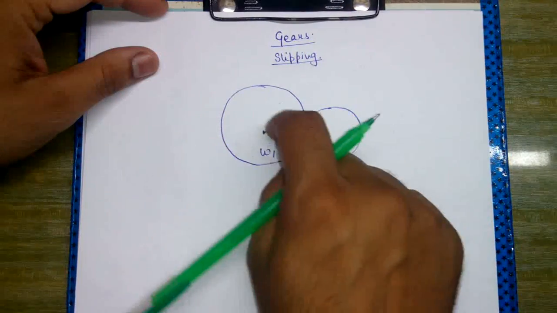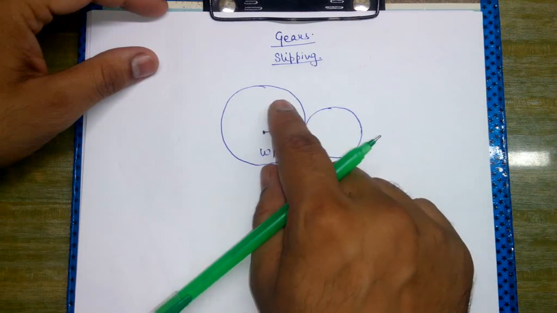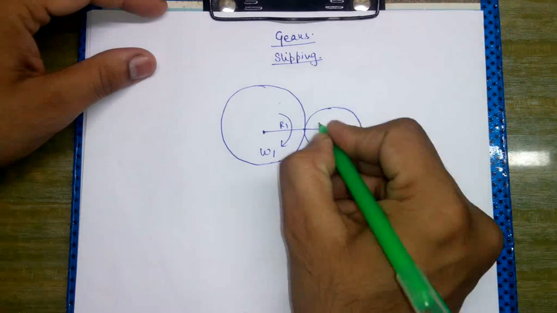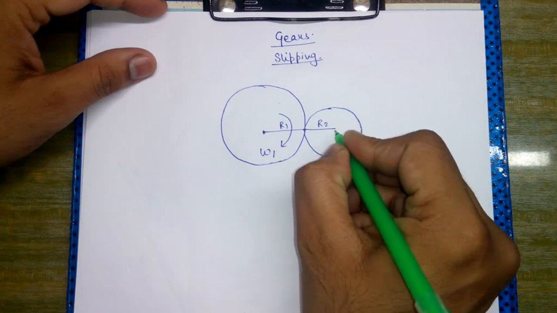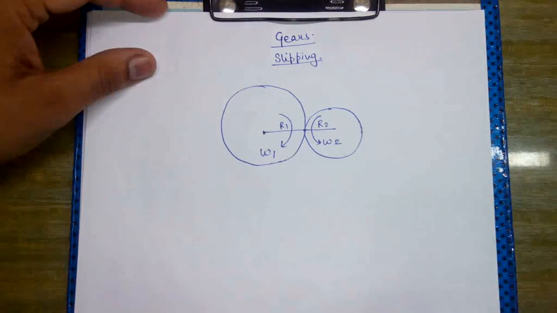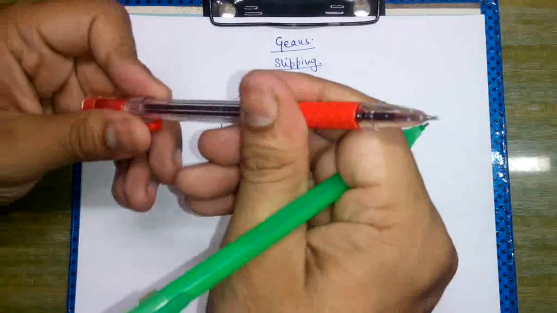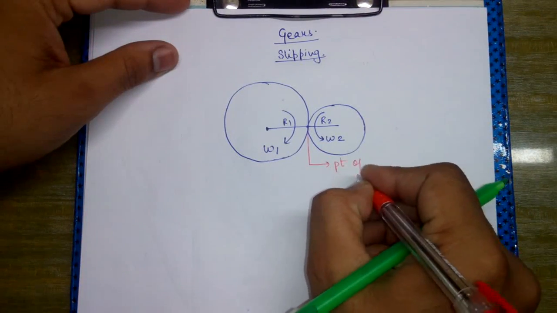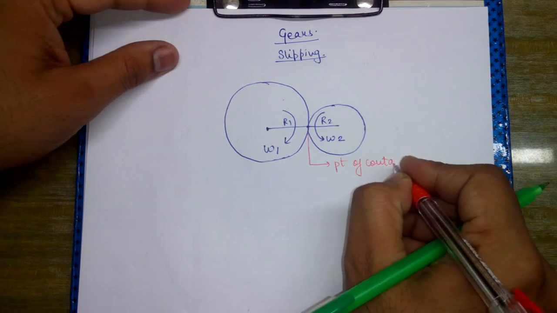For example, we have one body having a radius r1 and rotating with angular velocity omega 1. Another body is having a radius r2 and it is rotating at an angular velocity omega 2, such that the common point which is lying on both these bodies is actually called as the point of contact.